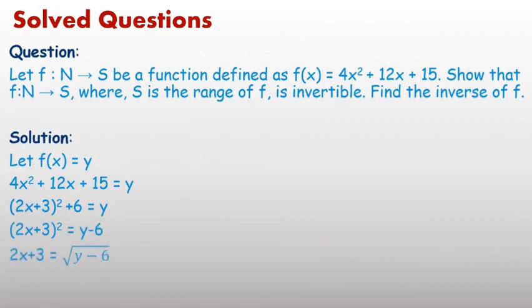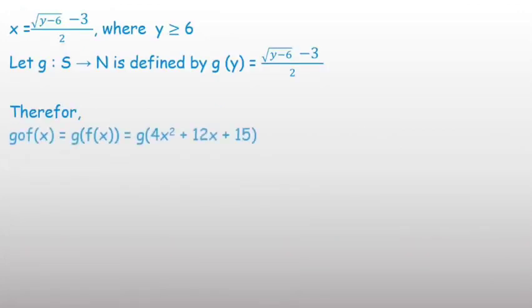Simplify and find the value of x in terms of y. x equals (square root of (y minus 6) minus 3) upon 2, where y is greater than or equal to 6, because the square root of (y minus 6) must be greater than or equal to 0, so y is greater than or equal to 6.